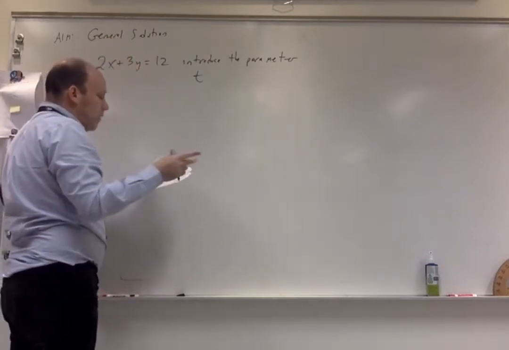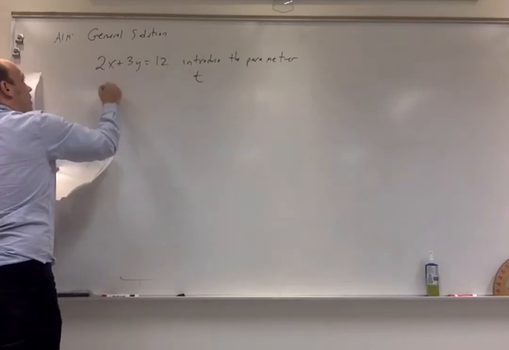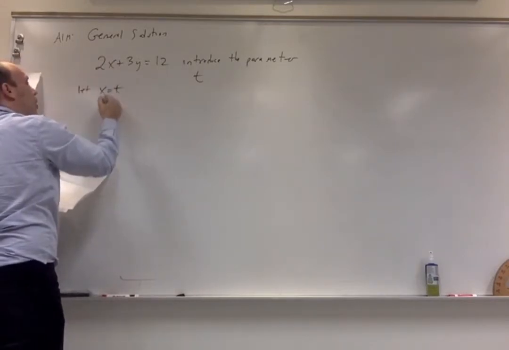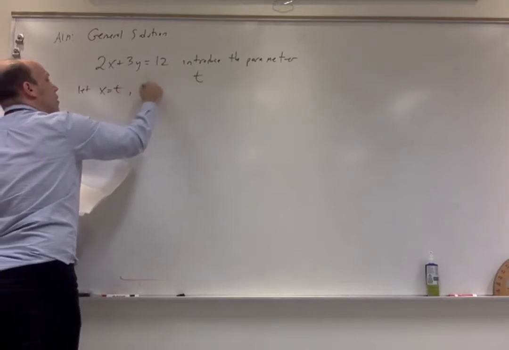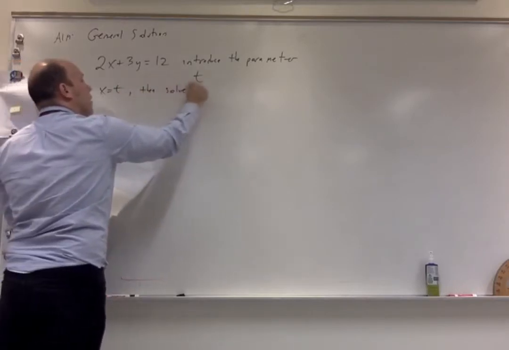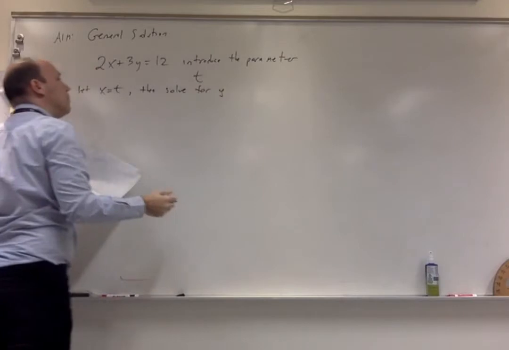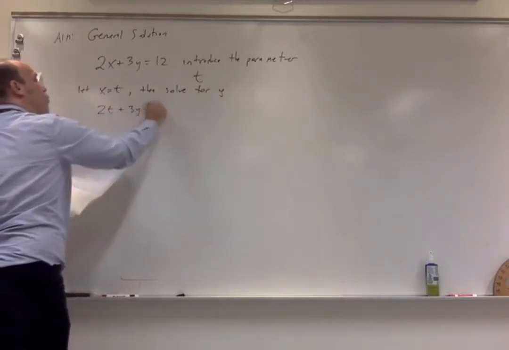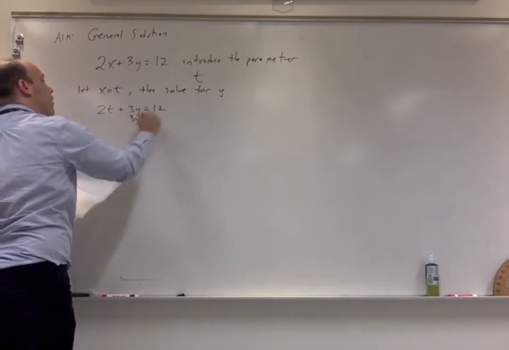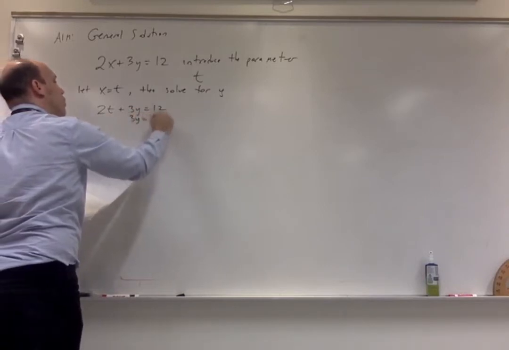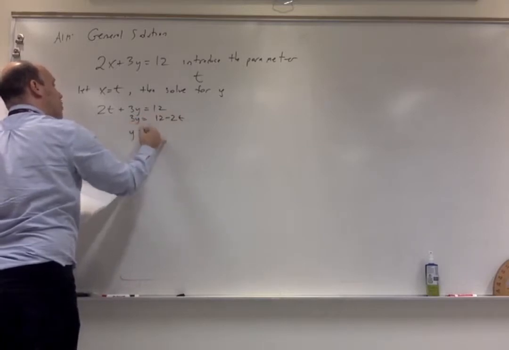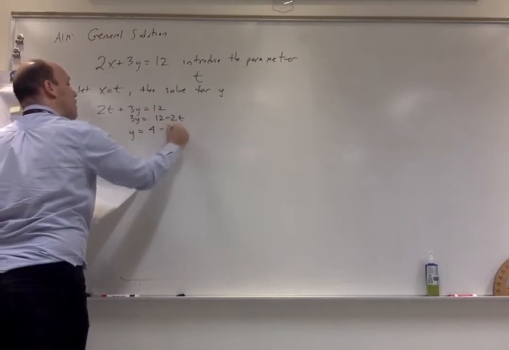So you're going to let x equal t, and then solve for y. And so we have 2t plus 3y equals 12. 3y equals 12 minus 2t, and then y equals 4 minus 2/3 t.